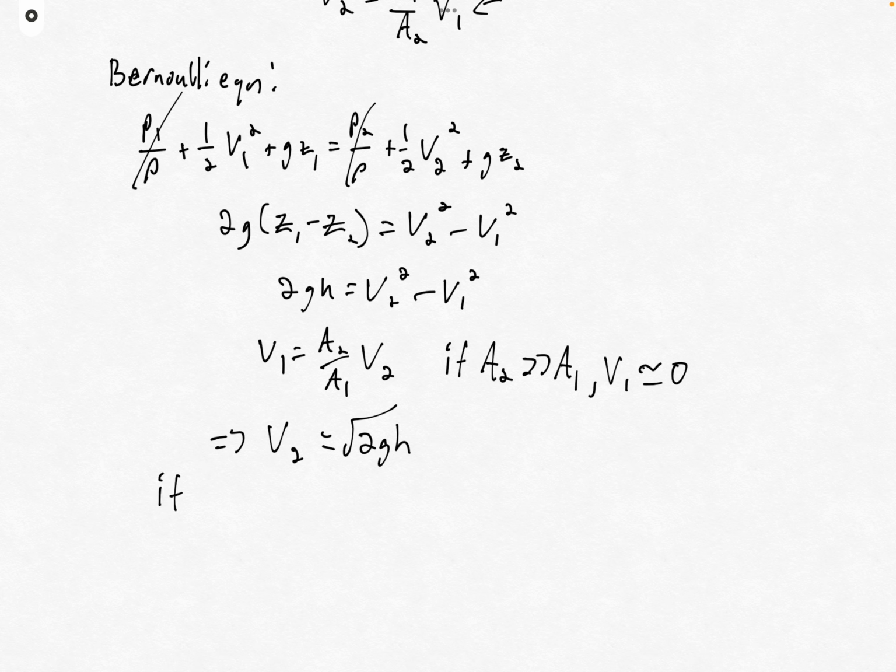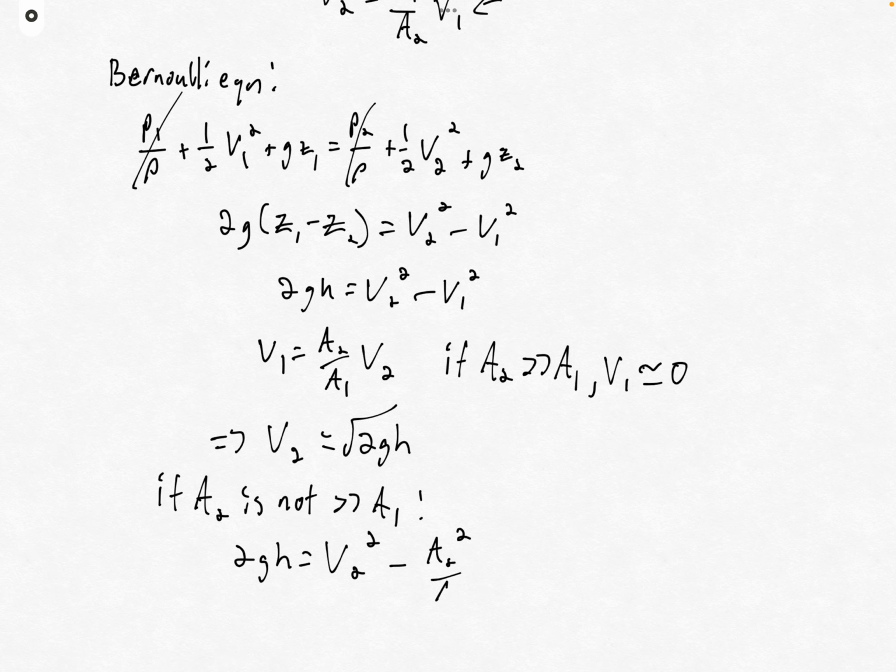And so if A2 is not much smaller than A1, then we're going to have 2gH is equal to V2 squared minus, and we're going to take the relationship of mass conservation for V1 and square that, A2 squared over A1 squared times V2 squared, and that's equal to V2 squared times the quantity 1 minus A2 squared over A1 squared.